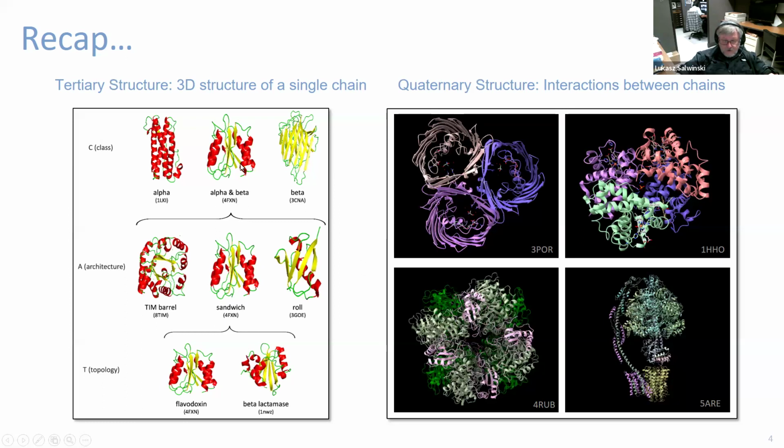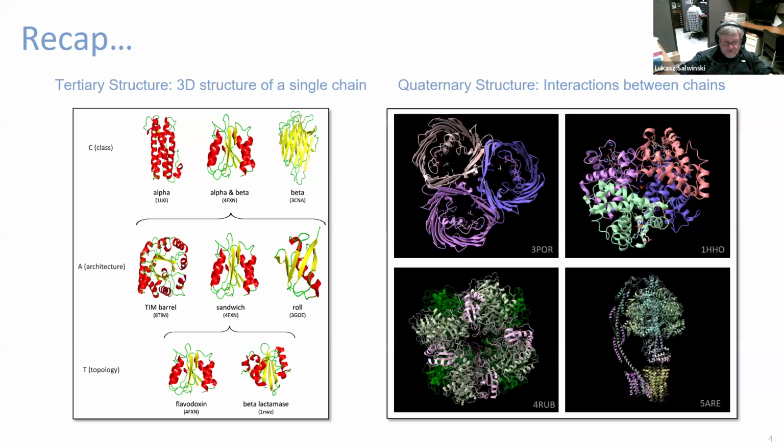Now, for each arrangement of secondary structural elements, we can look at the different ways those elements are connected. For each of those classes, we've got different arrangements of the secondary structural elements in space.